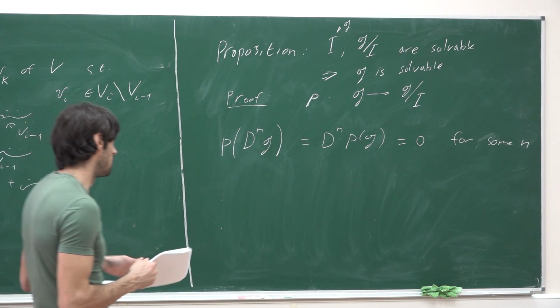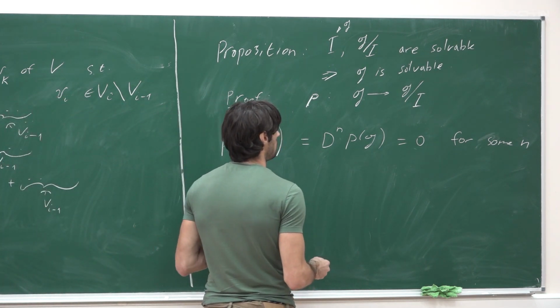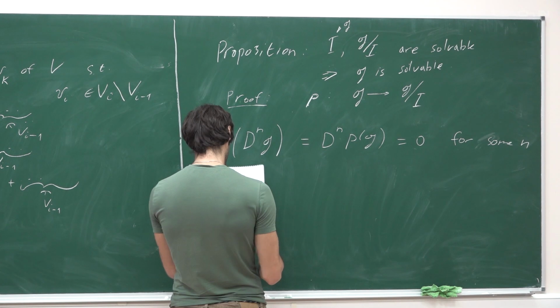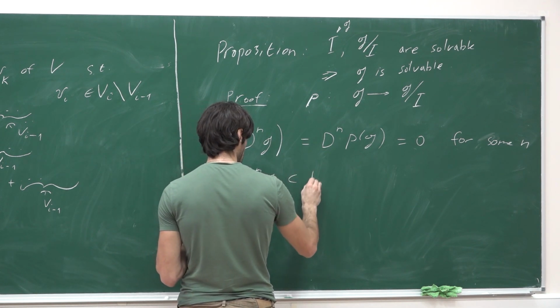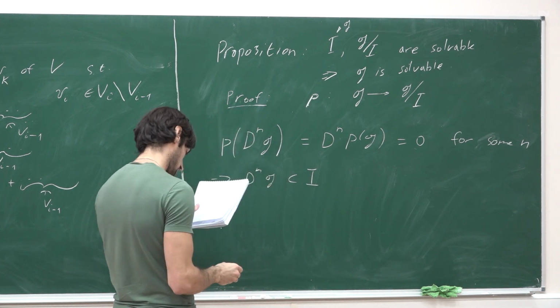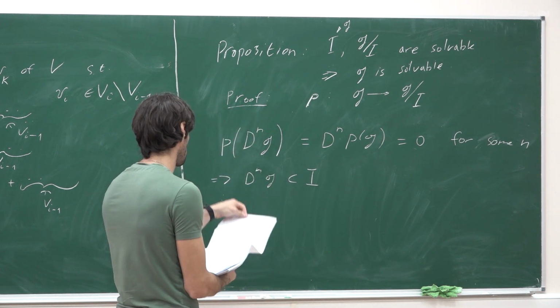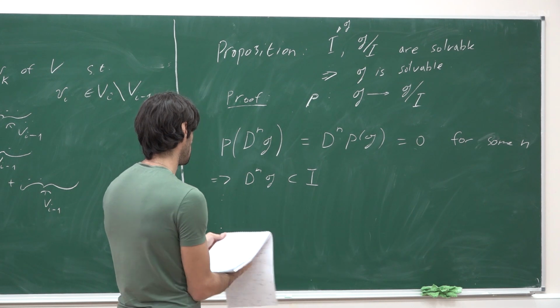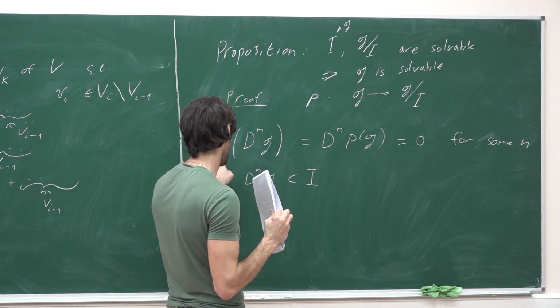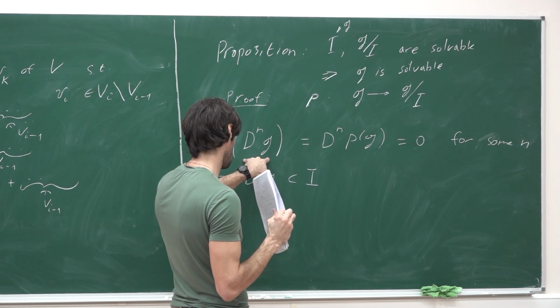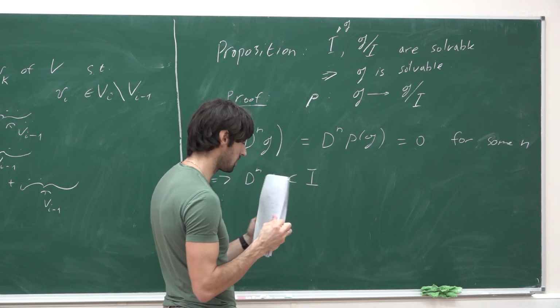All right. But then it means that d^n G is inside I. Because we quotient by I, and since d^n becomes 0, it's inside I.